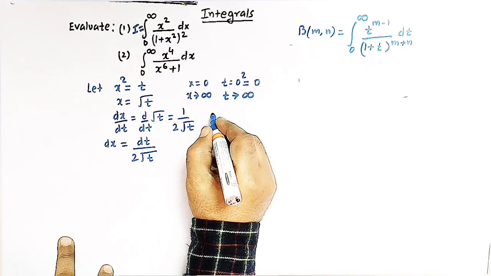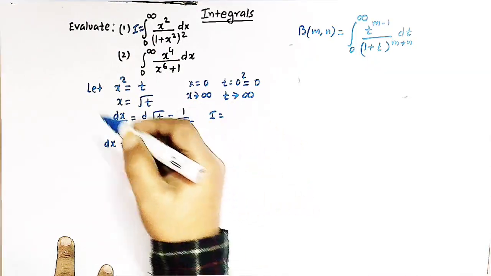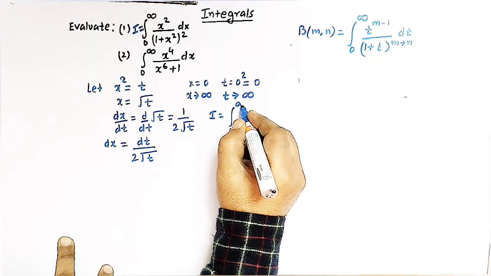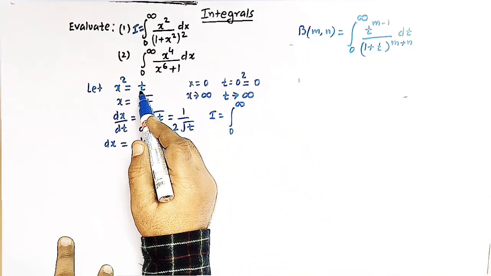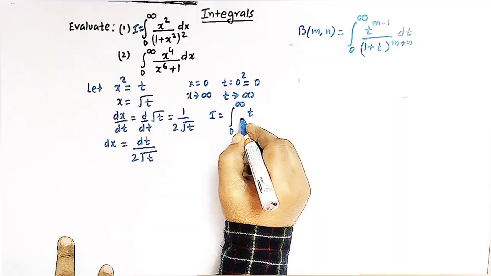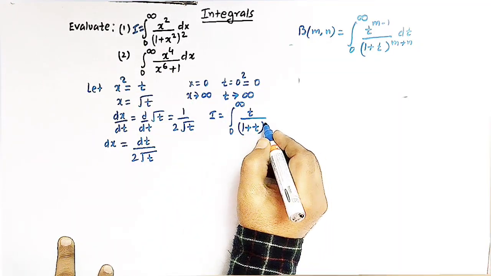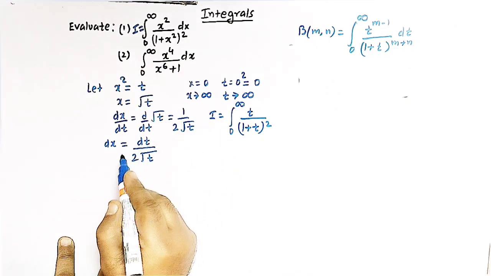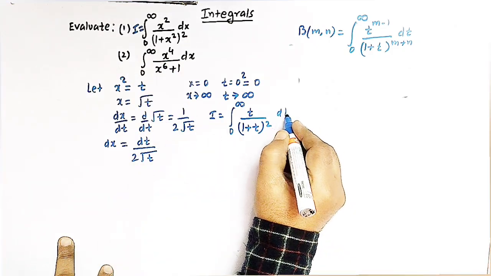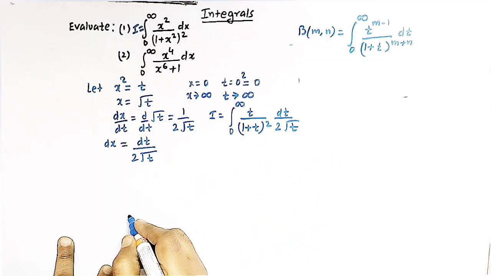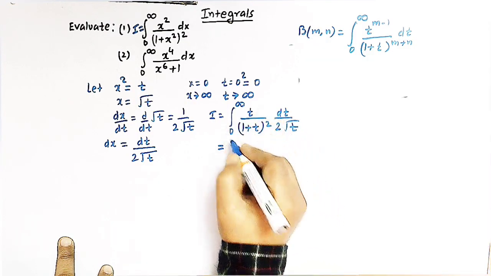So now this integral I can be written in terms of t. So we have 0 to infinity, and x square can be replaced by t, and then we have 1 plus t raised to 2, and for dx we can write dt divided by 2 times the square root of t. So now let us rearrange the terms.